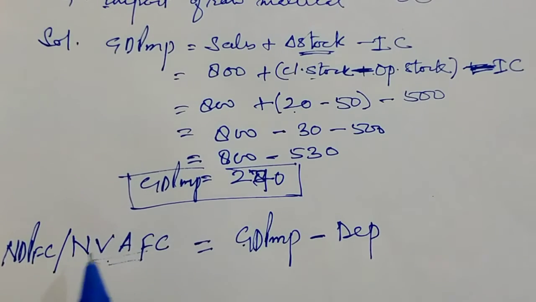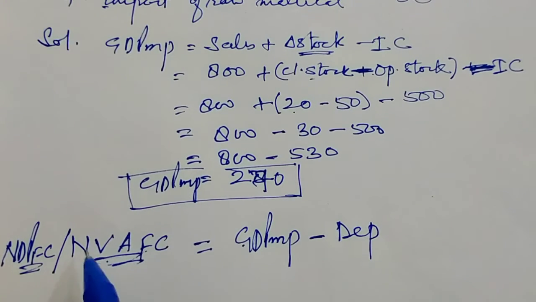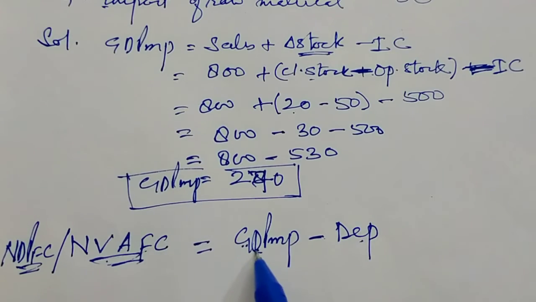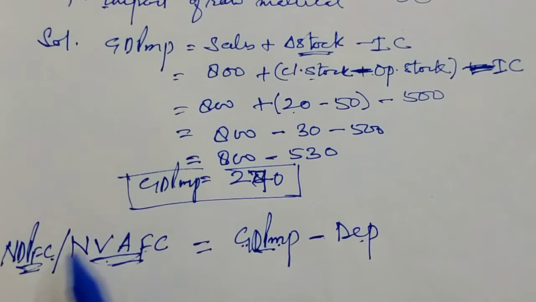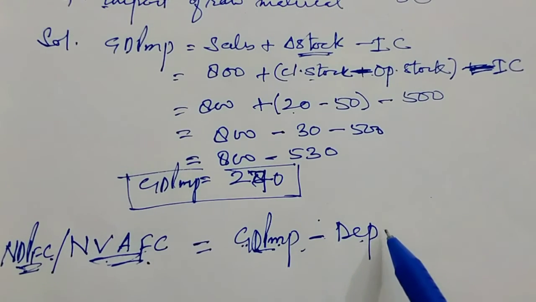NVA is also known as NDP at FC. So gross is converted into net by subtracting depreciation, and MP to FC we need to change by minus NIT.